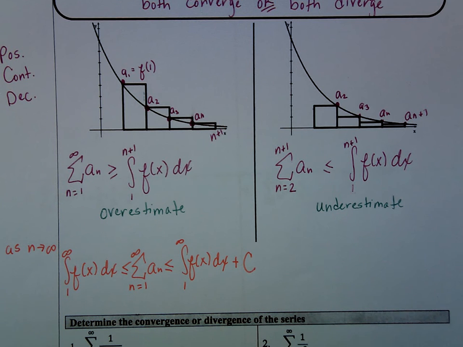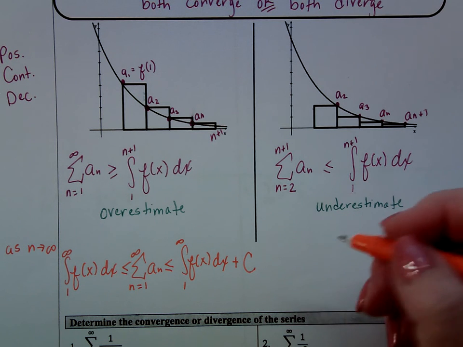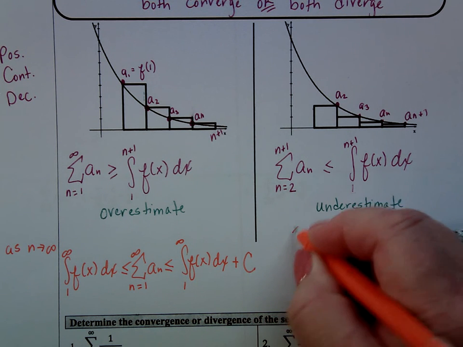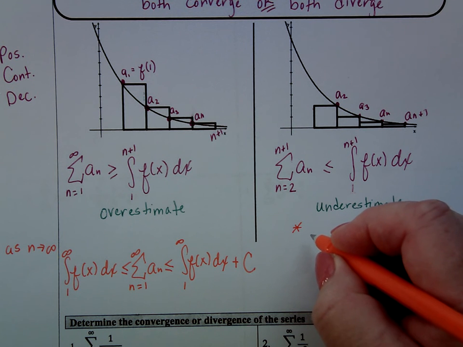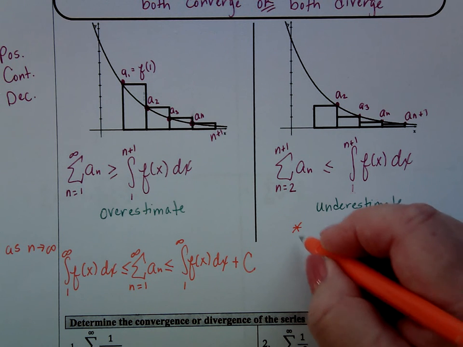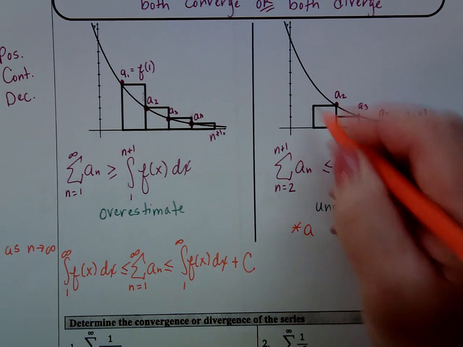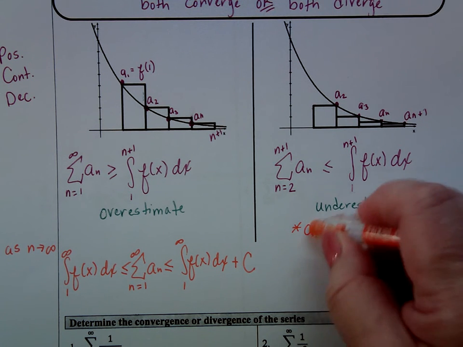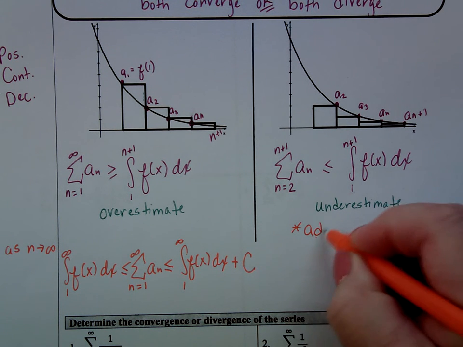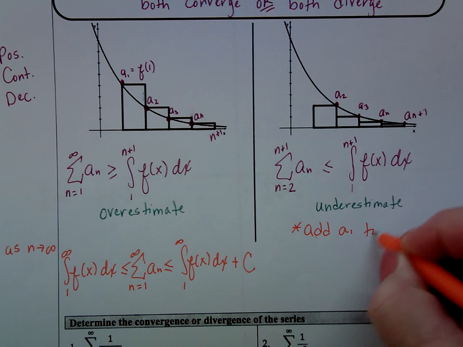All right, so another mathematical jargon, and this one's kind of interesting because what we're going to do is add a sub 1 to both sides. The one that I didn't include, a sub 1. There we go. Add a sub 1 to both sides.